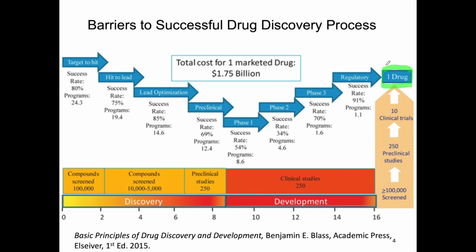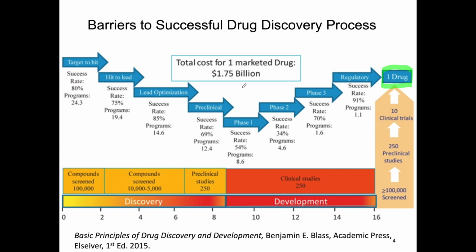And so this slide has many metrics on it to explain how you can get there. So, for example, the biggest metric in the box is how much it costs to typically take a drug from the discovery process at the outset to actually marketing a drug. Having it approved is about $1.75 billion. It's a large amount of money.